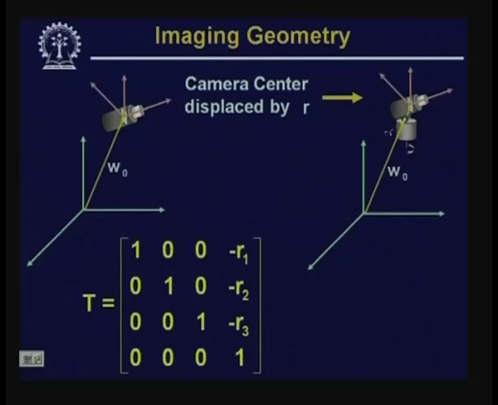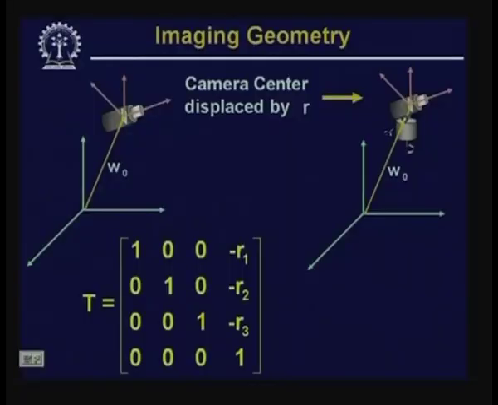And by this transformation, now all the world points are to be translated by a vector minus r1, minus r2, minus r3. And the corresponding translation matrix now will be T equal to 1 0 0 minus r1, 0 1 0 minus r2, 0 0 1 minus r3 and then 0 0 0 1.